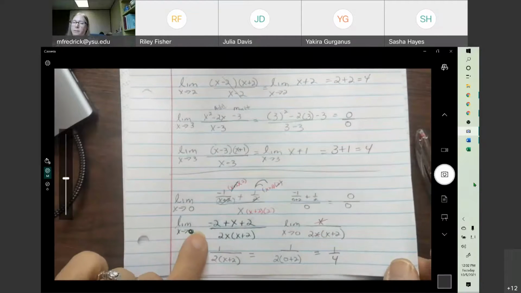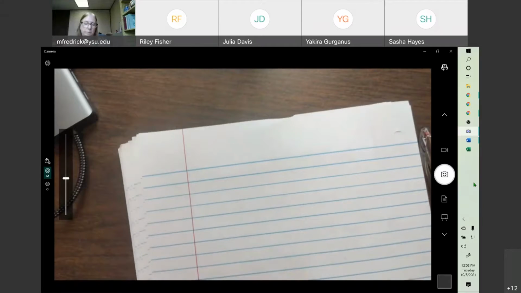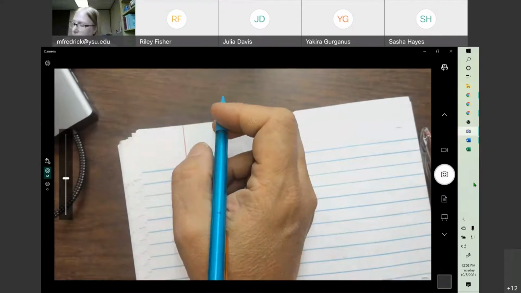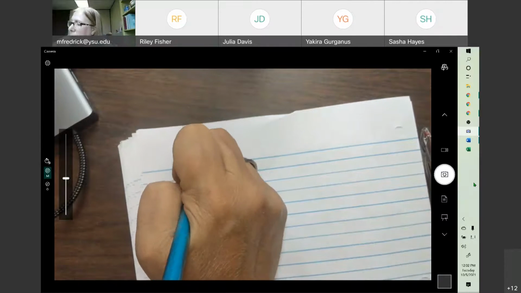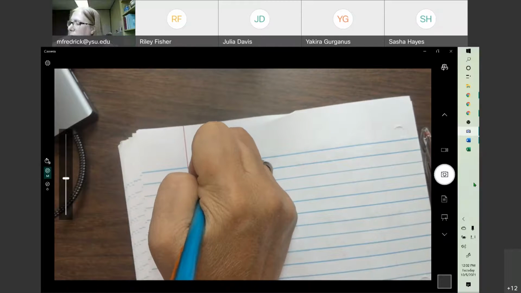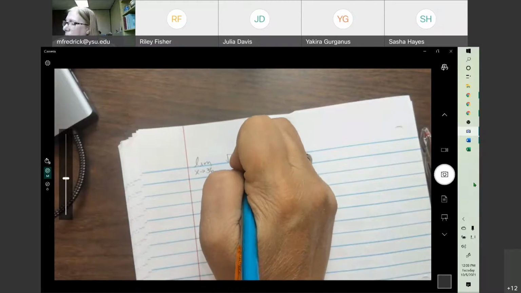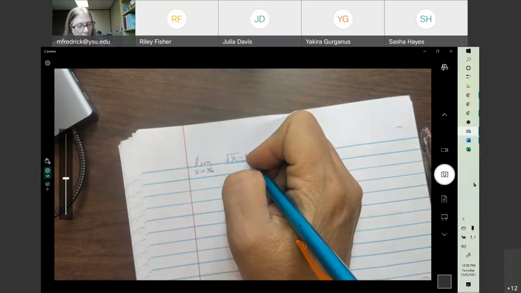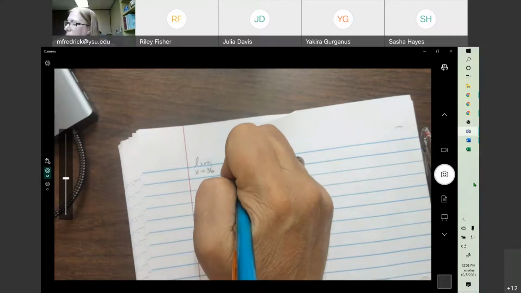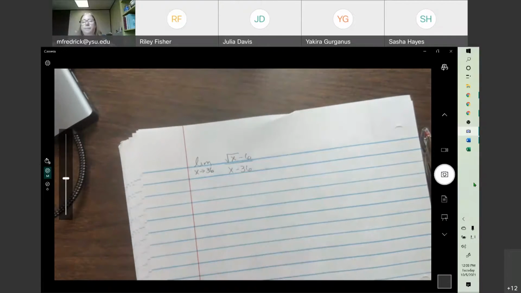So the complex is a little bit different. The other one that's also a little different is when there's a square root. We look at the limit as x approaches 36, the square root of x minus 6 over x minus 36.